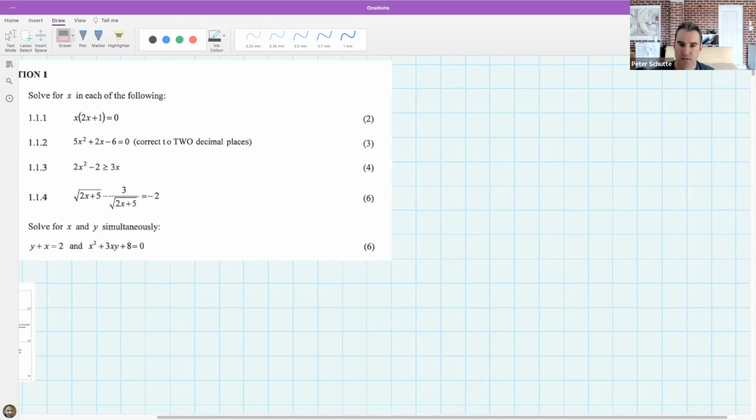So there's a little bit of a code for you guys in the second question. It says correct to 2 decimal places. And that's actually sending you a message here. I'm wondering if anybody knows what that secret message, correct to 2 decimal places, is telling you to do with the question. Maybe someone just pop your hand up and give us a little description.